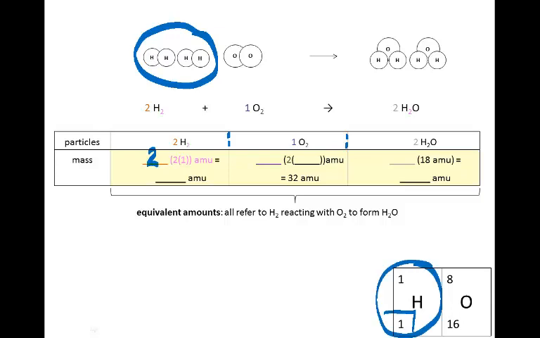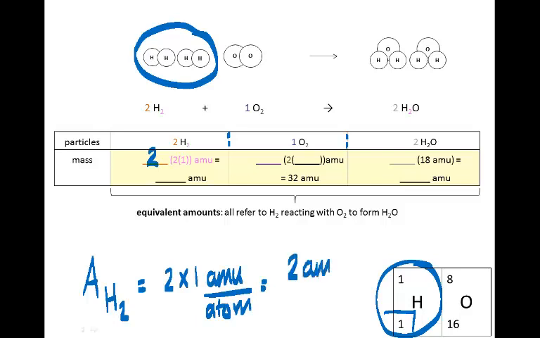The relative atomic mass of H2, hydrogen, is 2 times 1 atomic mass unit per atom, which is 2 atomic mass units for every 1 hydrogen molecule. But here we have 2 such molecules, so that's why it's 2 times this.